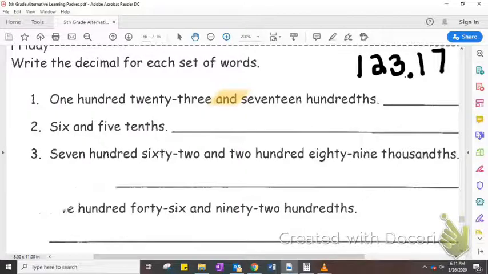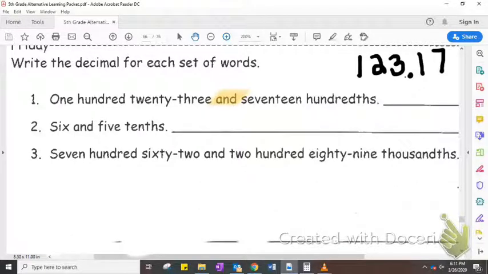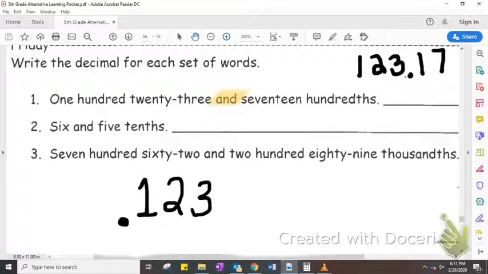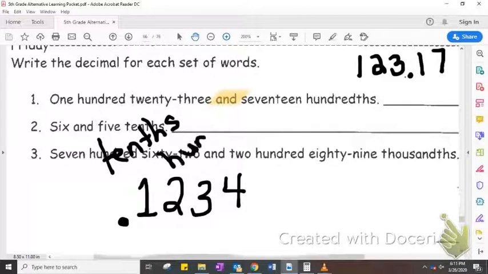Just as a quick review, okay, after the decimal, we've got the tenths place. Let's just come up with a random number. This is the tenths place. This is the hundredths.